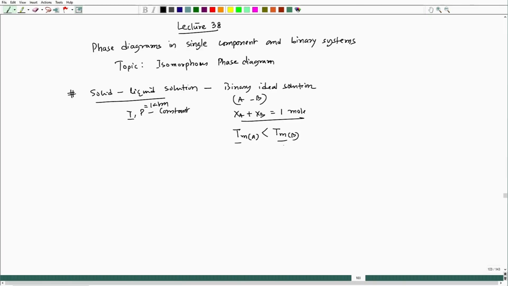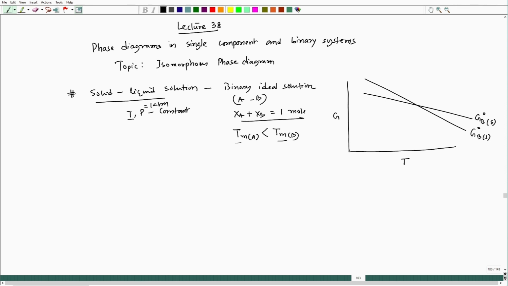Now, let me also draw this particular plot that will be taken as a reference. So, this is temperature, this is G for the pure substance, this is for the B case, this is G B naught for solid, and this is G B naught for liquid.